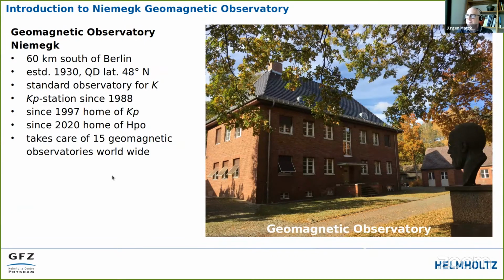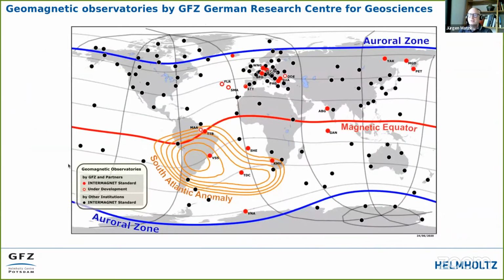Besides our work with the indices, we take care of more than 15 geomagnetic observatories worldwide. I also want to share this slide with you. The red dots are observatories that we operate. Many of them are in cooperation with local institutes. We are especially interested in the Atlantic hemisphere, down to the South Atlantic Anomaly.